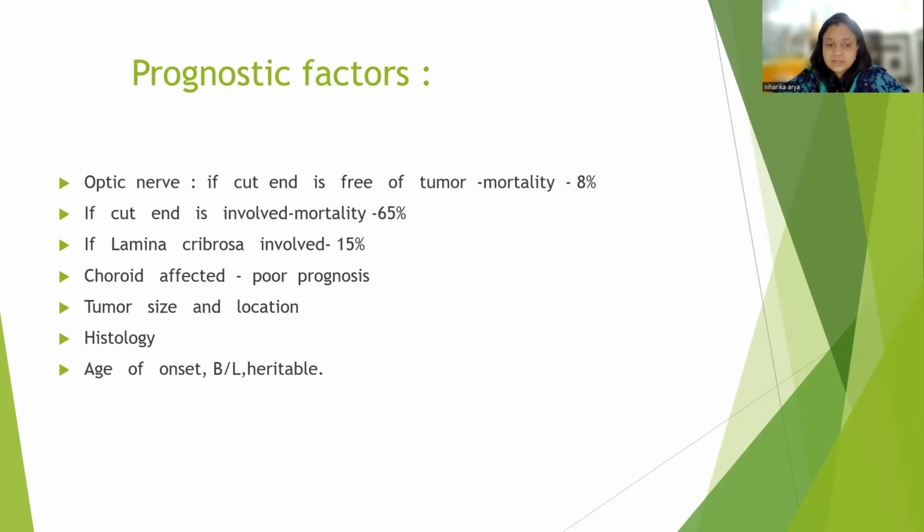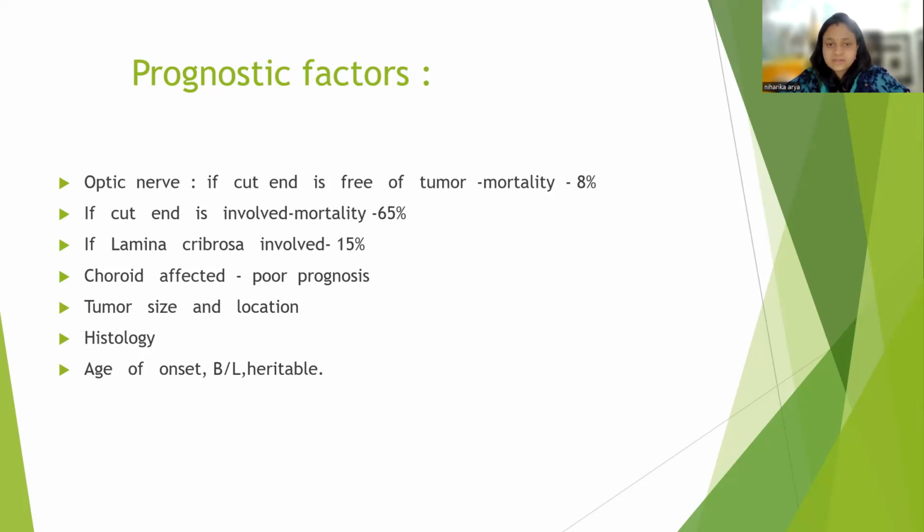If there is a large tumor and it involves the anterior part, or if it is of exophytic type, then the prognosis is very bad. Histology has 3 important patterns. If there is a fleurette pattern, then the prognosis is very poor. Age of onset, bilateral and heritable disease are some of the factors which give a very different prognosis of the eyeball.